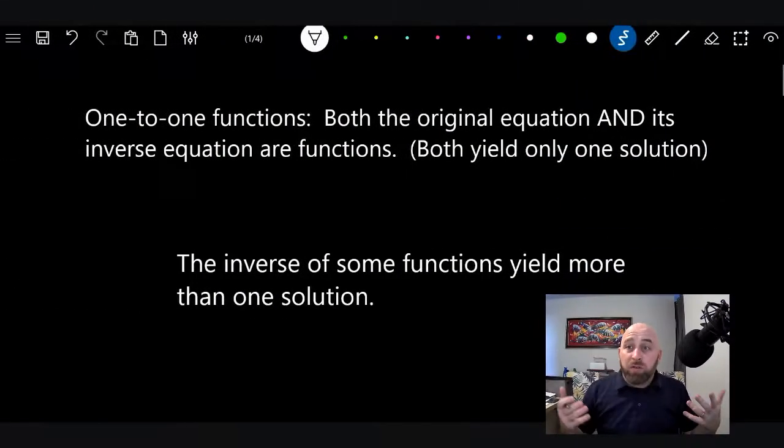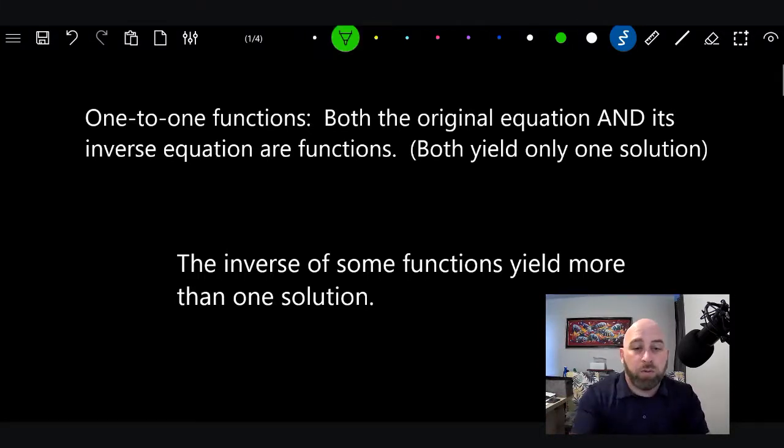So in other words, if you take the inverse and it has more than one answer, the inverse is then not a function. We have a word for that. It's called one-to-one functions. If you look on page 327, you'll see one-to-one functions on the top of the page. Here's what that means. A one-to-one function means that the original equation is a function, and this is an important word right here, and its inverse function are functions.